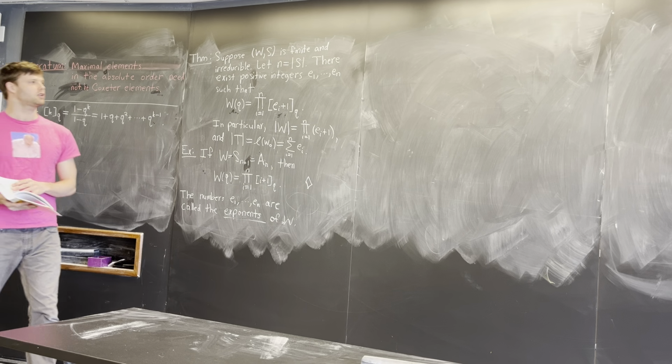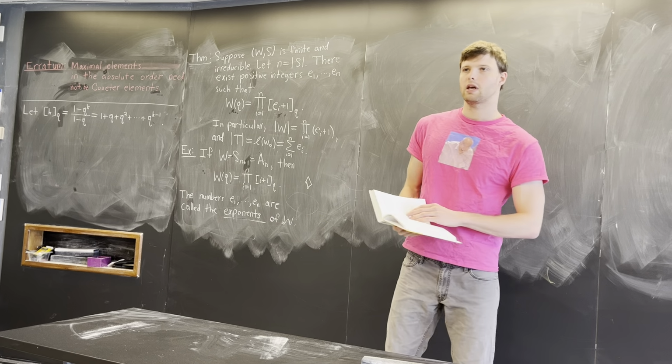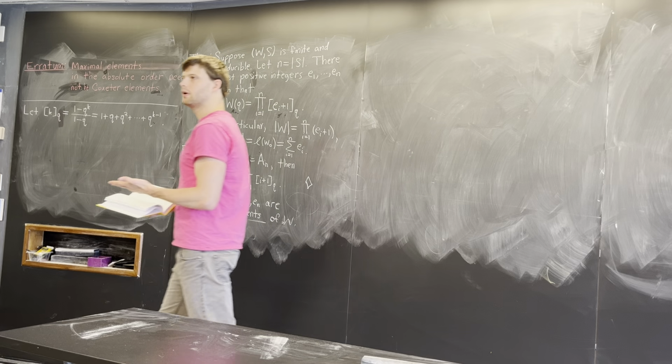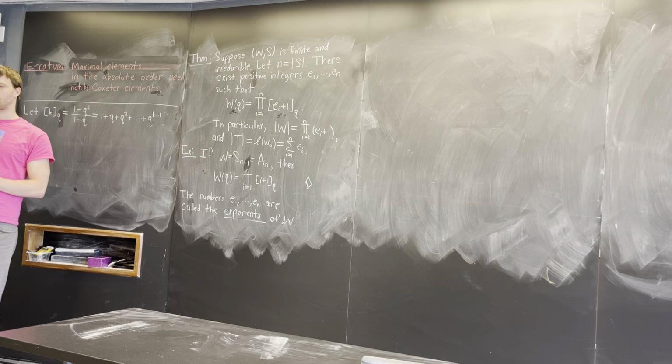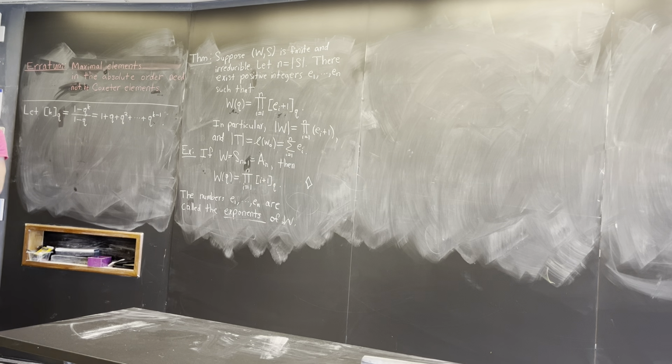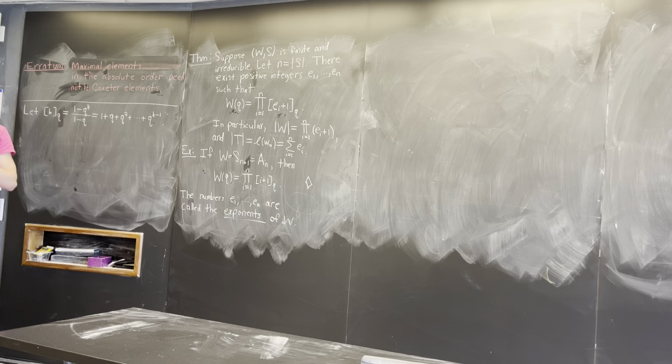Oh, I guess I haven't actually defined affine type, though. Roughly speaking, I've talked about the affine symmetric group, which is like an infinite analog of the symmetric group, because there's a combinatorial model where you think of it as infinite permutations with some conditions.